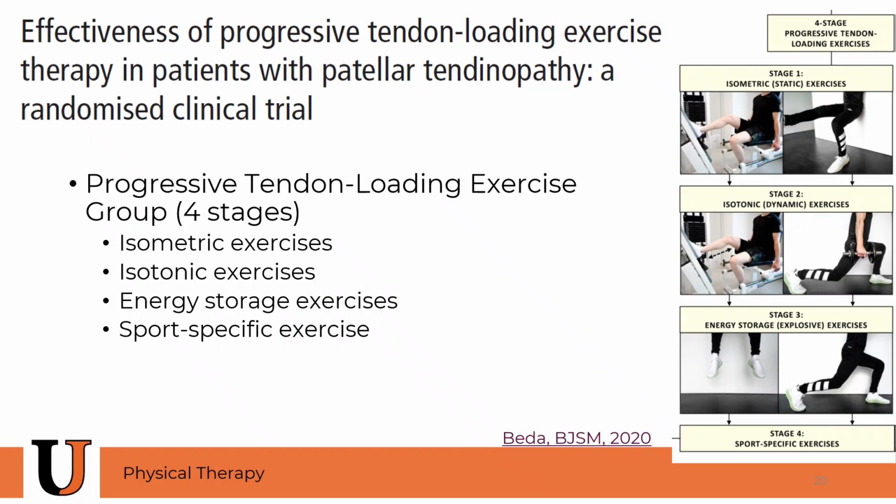Stage 4 consisted of sport-specific exercise, which were characteristic of the type of the sport. Whether you were a basketball athlete, it might be more basketball-centric exercises. If you were a volleyball athlete, more volleyball exercises. And patients were instructed to gradually return to sport-specific training, performing every 2 to 3 days to allow for recovery after each session.